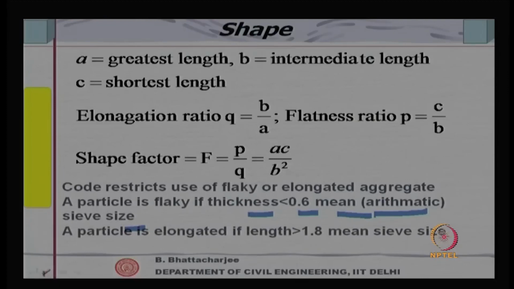It is elongated if the length is 1.8 times the mean sieve size. So, you allow it to pass through some sieve and find out its longest dimension compared to the sieve size, and if it is more than 1.8, because it can still pass through vertically, through the sieve size, then we call it elongated.